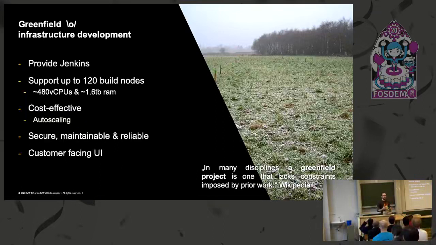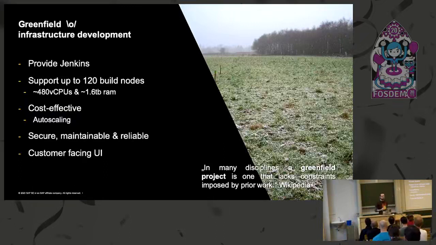My team is only here to provide the Jenkins instance, and the second team, which I will not talk about today, is actually building the pipeline as a service on our infrastructure. So when I say customer, I mean the other team which is building the pipelines, and they have the customers which are actually using the pipelines.